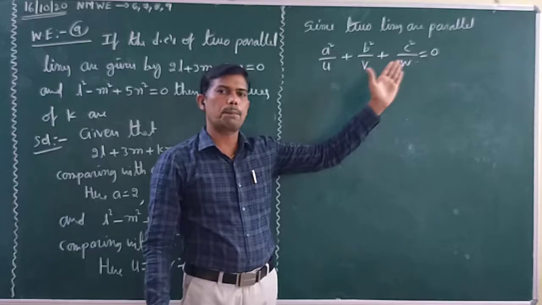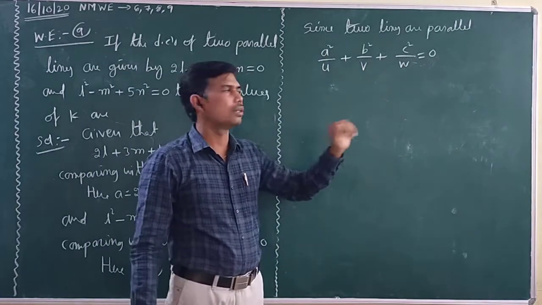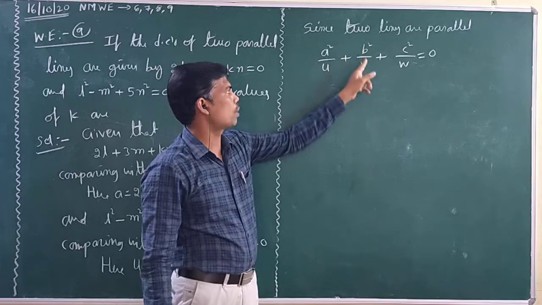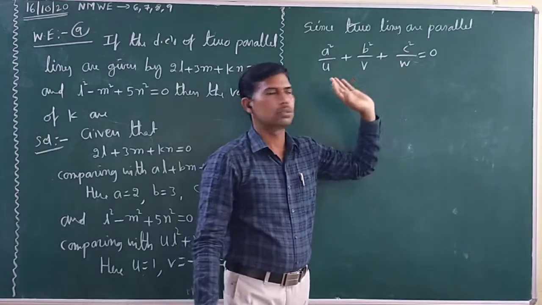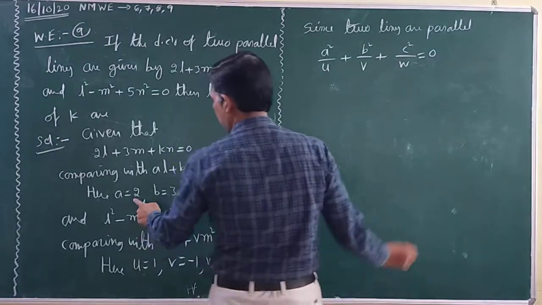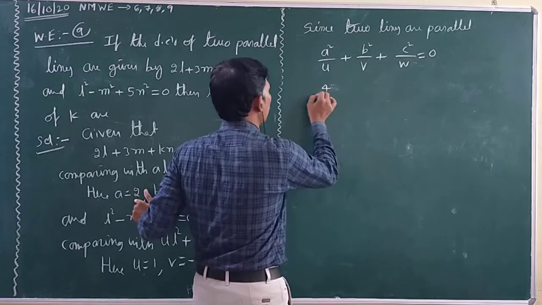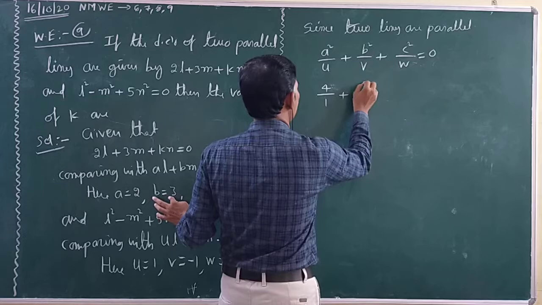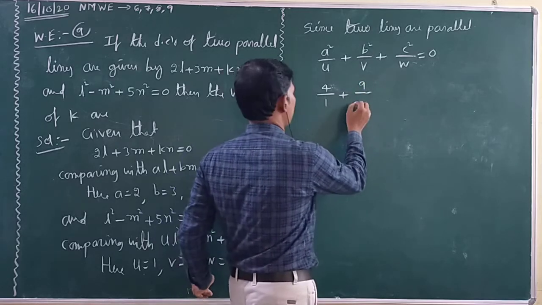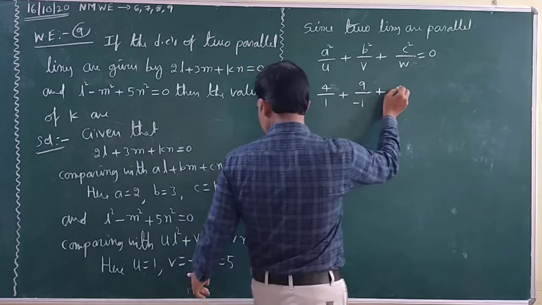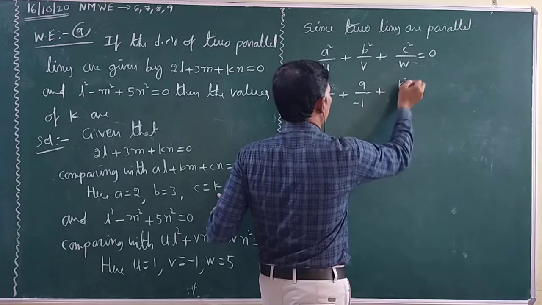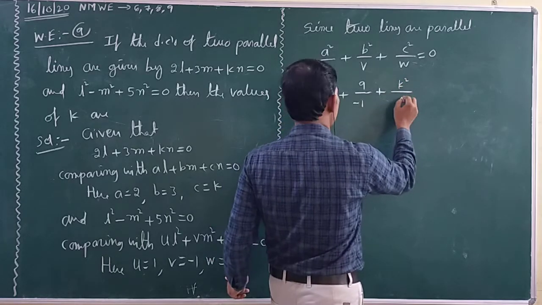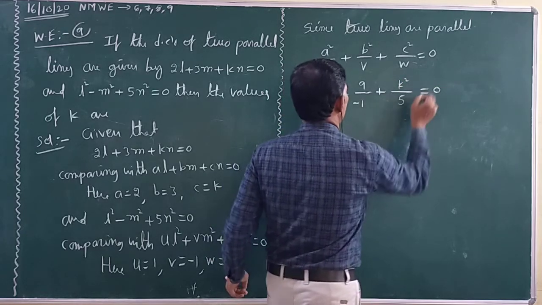A value is 2, 2 square means 4, 4 by U means 1, plus B square means 3 square 9 by V means minus 1, plus C square means k square by W means 5, that is equal to 0.